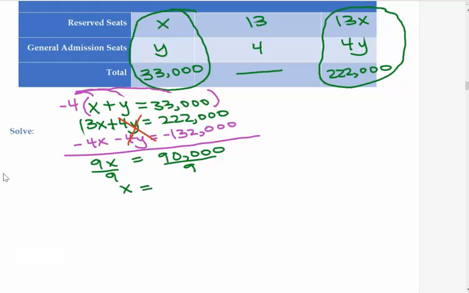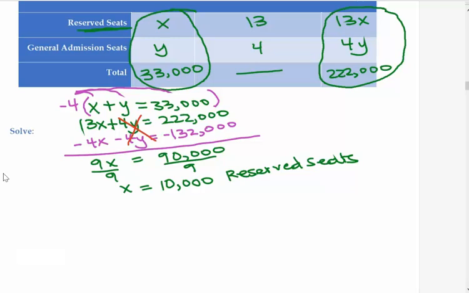So x equals what? 10,000. All right, and 10,000 what? What does this x represent here? Well, we said that was the reserved seats. So 10,000 reserved seats.